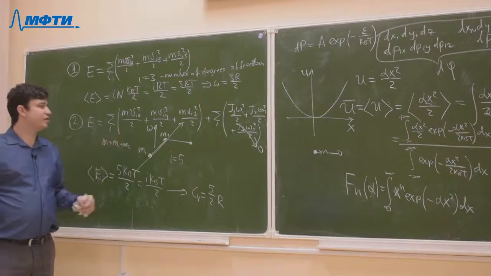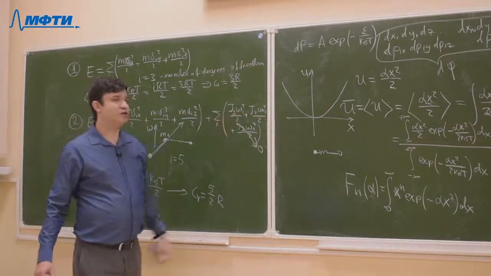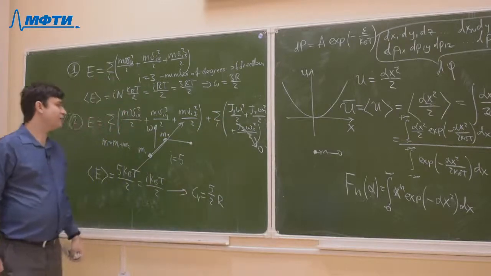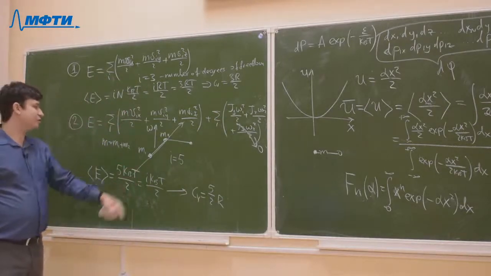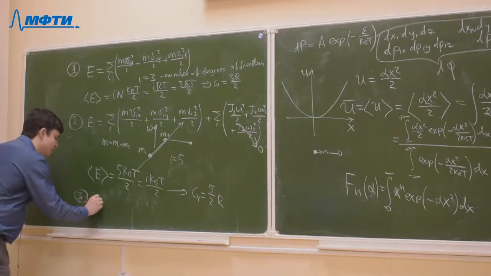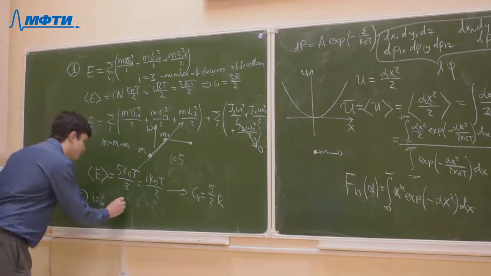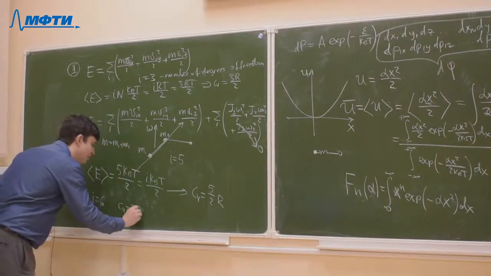That means that all 3 moments of inertia are non-zero, and the total number of degrees of freedom for 3 and more atomic molecules is 6, which gives the result that CV equals 3R.